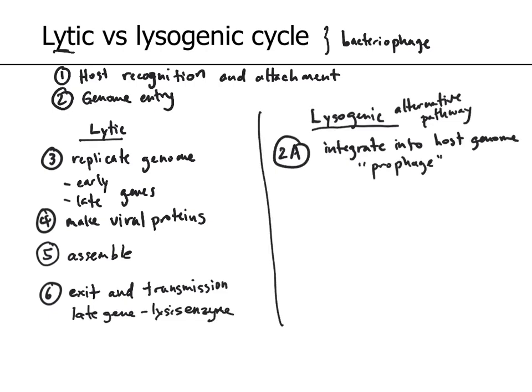Things that happen here while it's integrated into the host genome actually prevent further infection by other virions. So once it stakes its claim, it's like, you can't take over my cell, this is mine. And then this is essentially a hiding spot for the bacteriophage in the bacteria genome. So it just replicates along with the host.